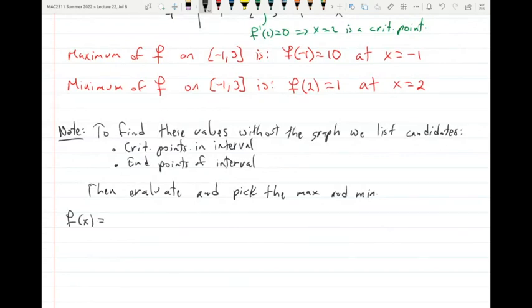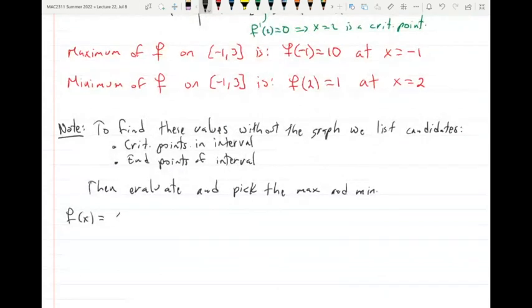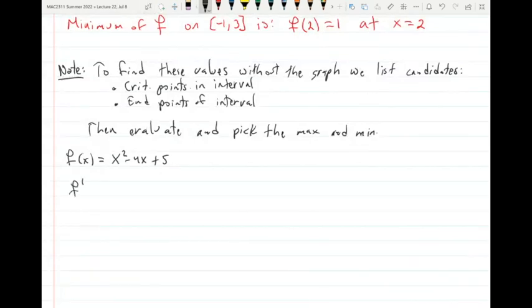So we have f of x equals x squared minus 4x plus 5. Let's first find our critical point. For that, we need to find the derivative. That's 2x minus 4. Then we analyze what happens when the derivative is undefined or 0.